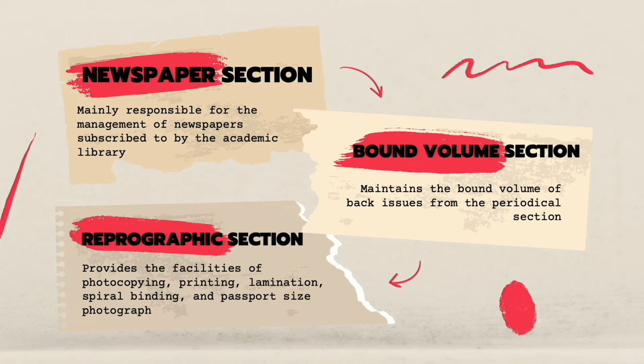Once a volume is no longer current, the library gathers up the issues in that volume and binds them together. The reprographics section provides the facilities of photocopying, printing, lamination, spiral binding, and passport-size photographs.